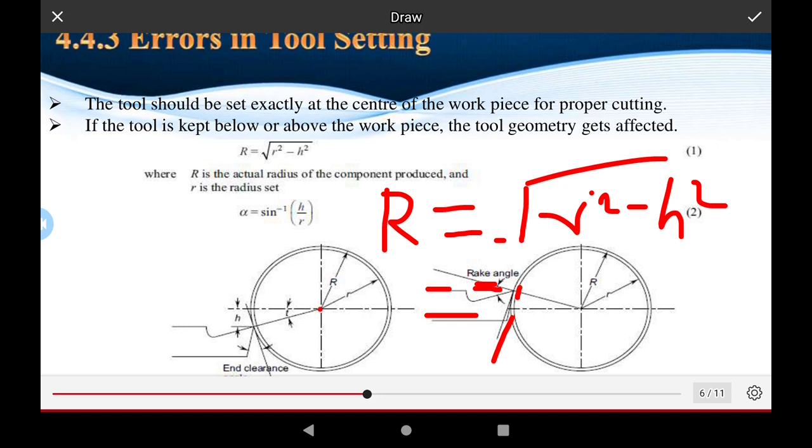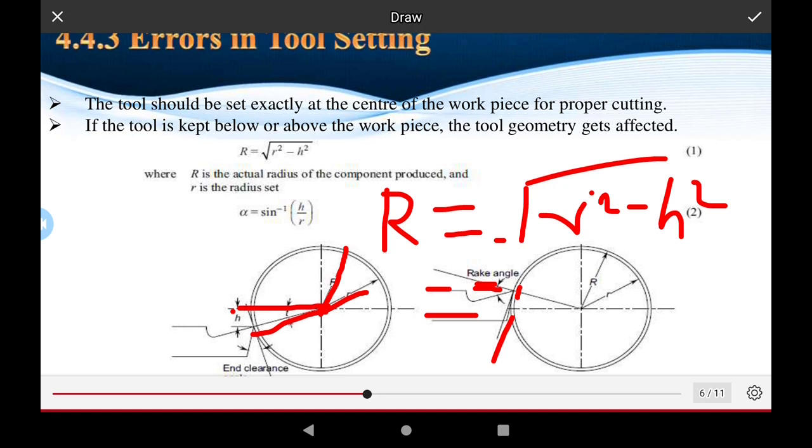Capital R is the actual radius of the workpiece, and small r is the set radius, the internal radius of the machine of the workpiece. T is the thickness of the clearance angle. Okay, T is the thickness of the clearance angle.